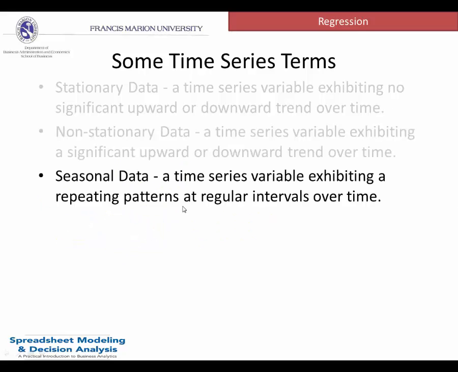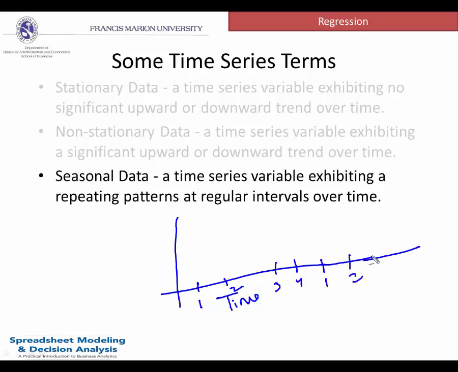And the last one, which we're going to look at, is seasonal data, a time series variable exhibiting repeated patterns at regular intervals. And if I was going to draw this out, again, you have x-axis is time, y-axis is what you're trying to predict. And let's assume, this is year one, we have 4 quarters, year 2, we have 4 quarters.